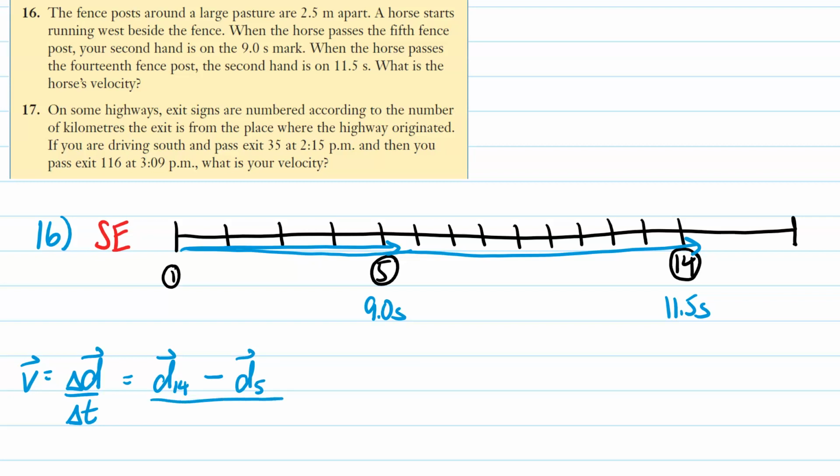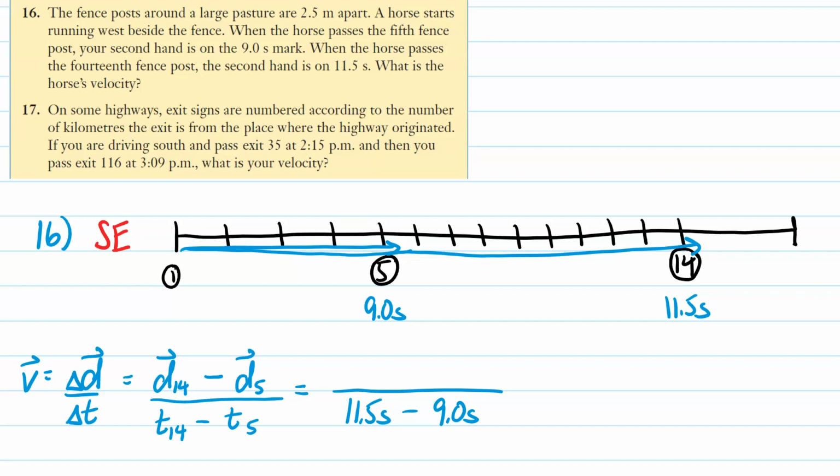And to get the time interval, we'll say the time at the 14th fence post minus the time at the 5th fence post. Okay? Now, on the bottom line, you can do it with time. The time at the 14th fence post was 11.5 seconds. The time at the 5th fence post was 9.0 seconds.